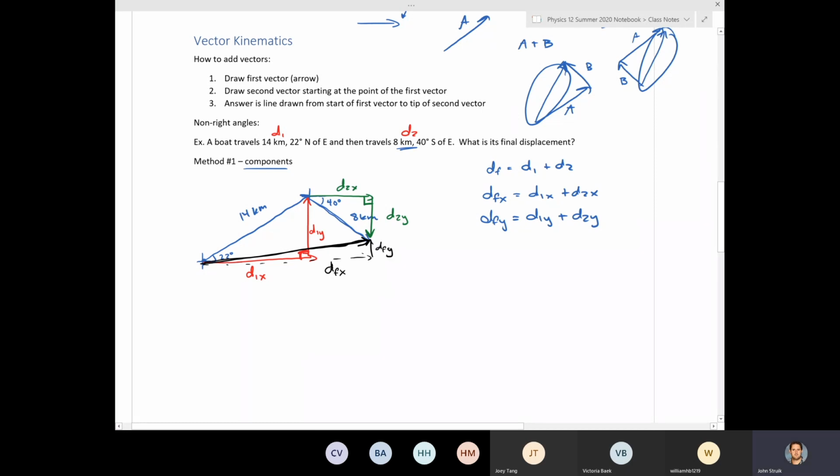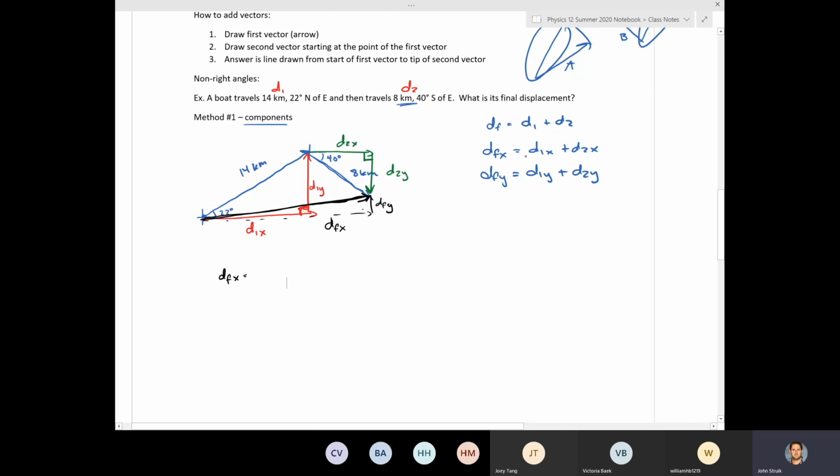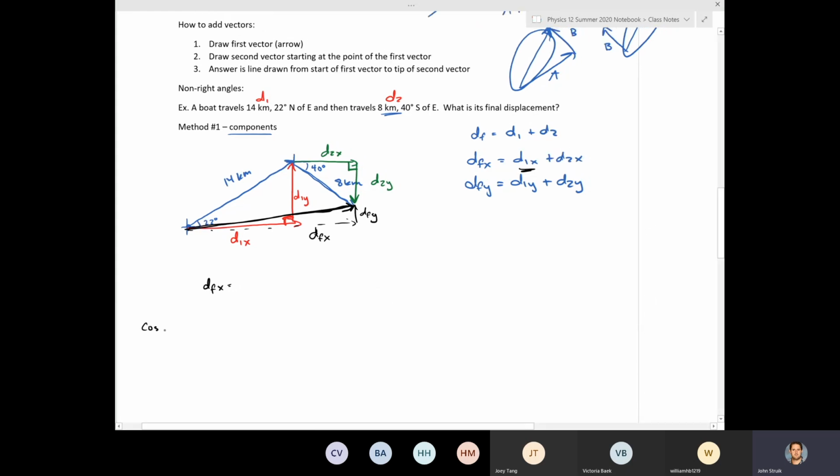That's what we're finding. dfx is going to be the sum of both x's. d1x is a component of the first vector, adjacent to the angle 22 degrees, and we have the hypotenuse, so we're going to use cosine. cos 22 equals d1x over 14, so d1x equals 14 cos 22.